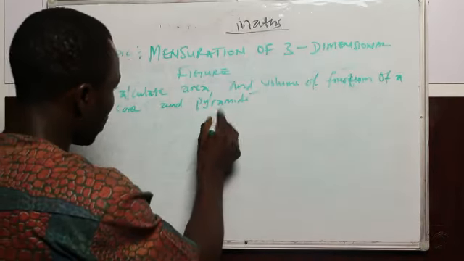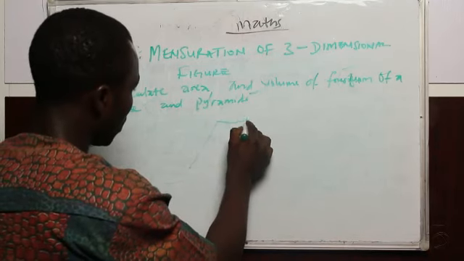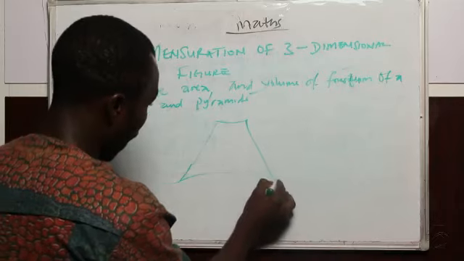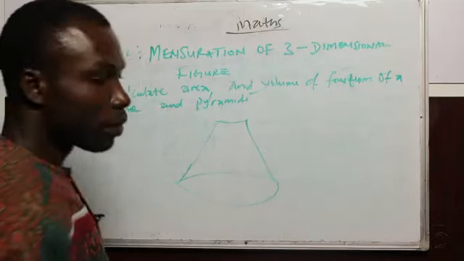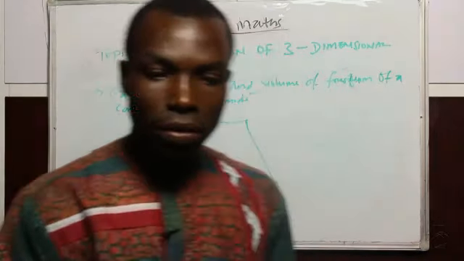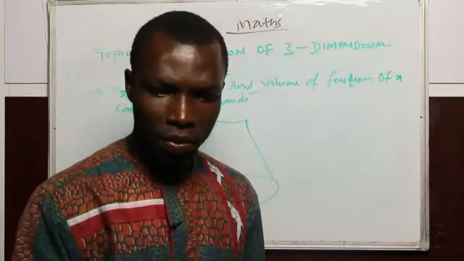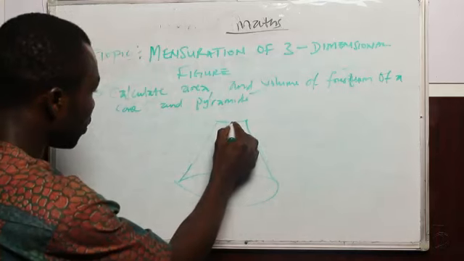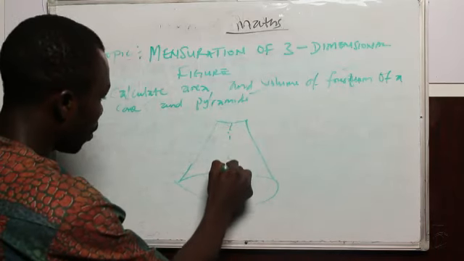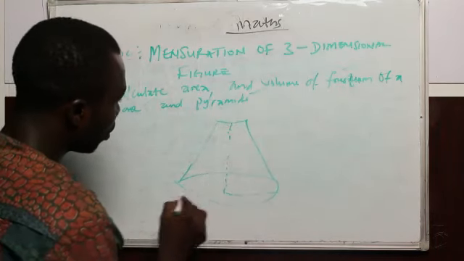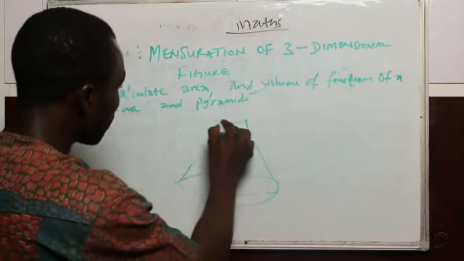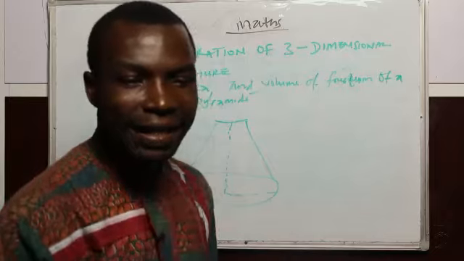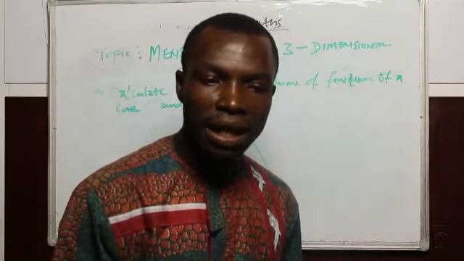This is the frustum. It says the radii, that is the radius, this radius here and this radius here. You know that this radius is smaller than this one.